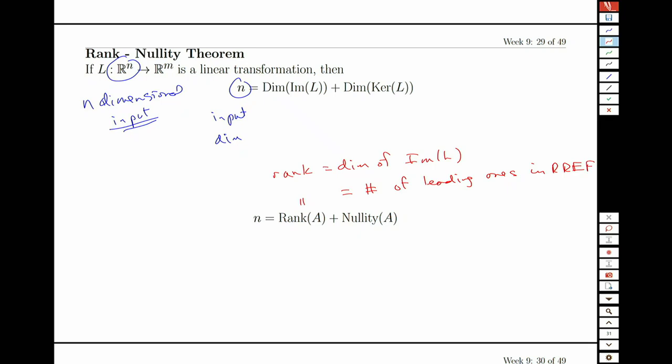We'll use the word rank later on to be how many leading ones do I have in this matrix? And the nullity is, as you'd expect, the dimension of the kernel of L. It's the things that get squished to nothing, to nullness. That's why this is called the Rank-Nullity Theorem. They're just new names for dimension of the image and dimension of the kernel.